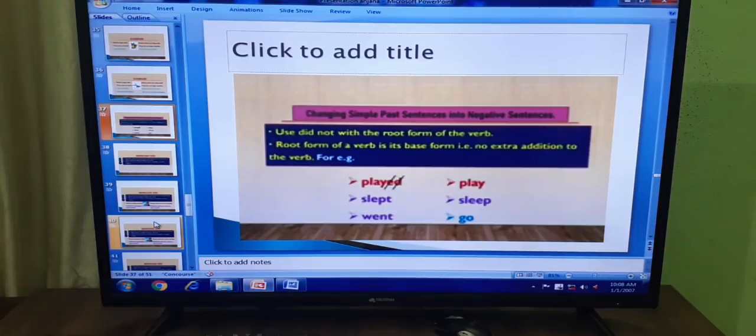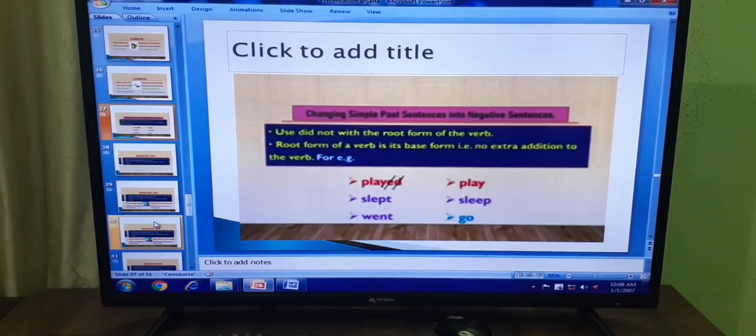For example, played. What is the root form of this verb? Play. Slept. What is the root form or base form? Sleep. Went. Went will become what? Go.